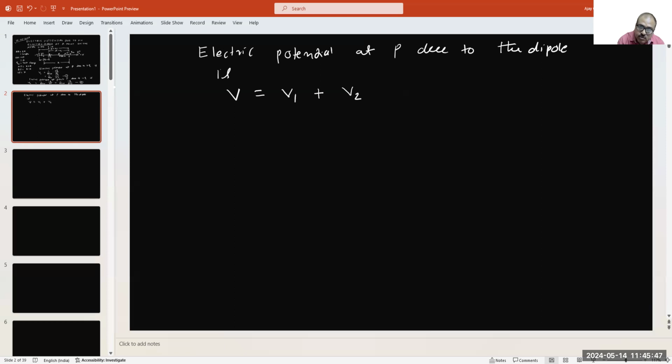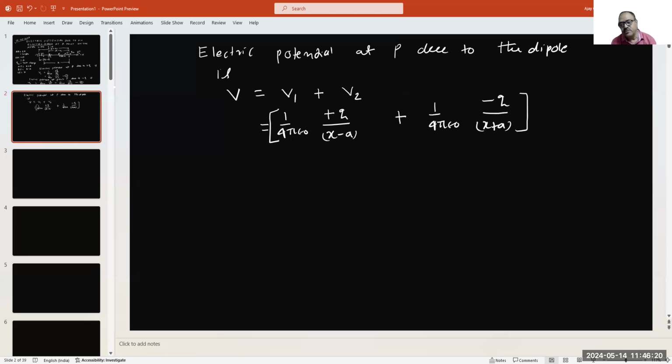By putting the values of V1 and V2, we can once again write 1 upon 4 pi epsilon naught, V1 is due to the positive charge, but the distance is x minus a, plus 1 upon 4 pi epsilon naught, negative charge, x plus a. While writing the potential, the sign of the charge must be taken care of. Yes, this is our total calculation of the potential.